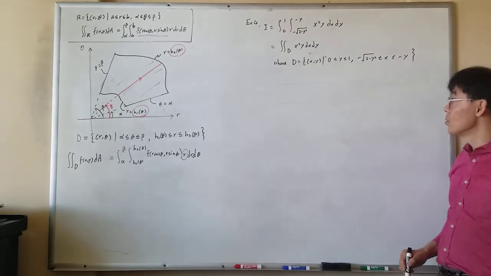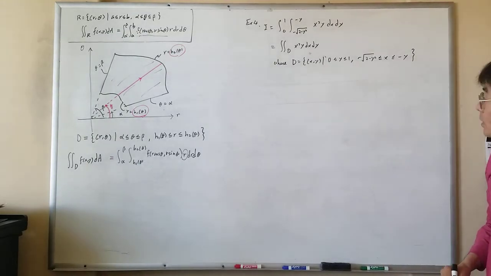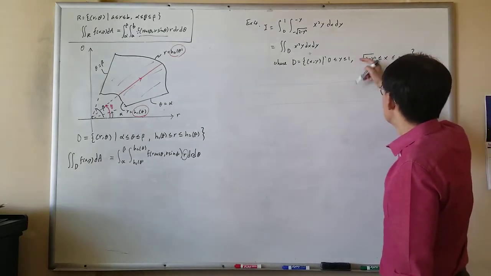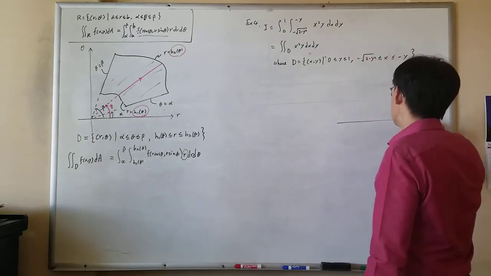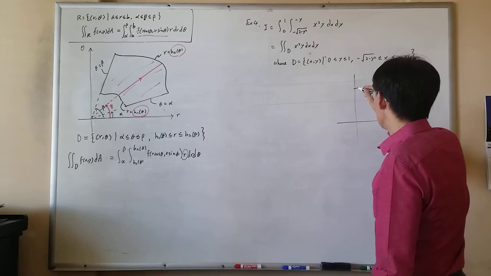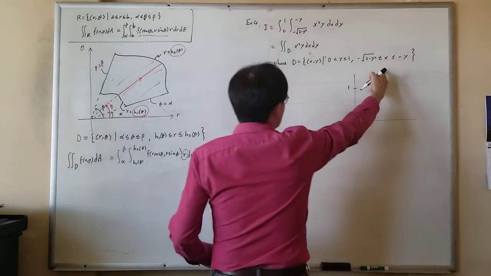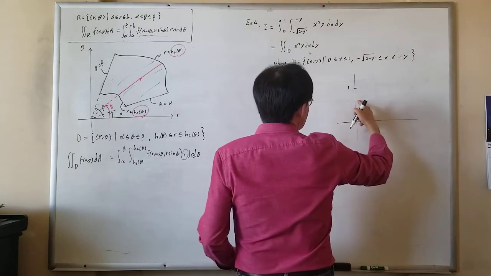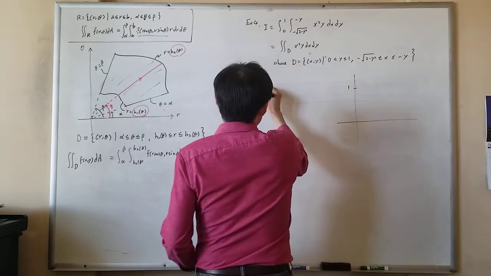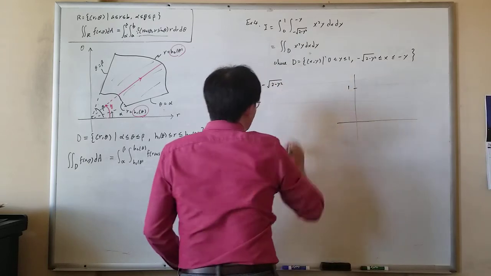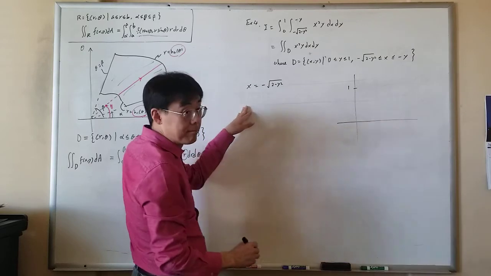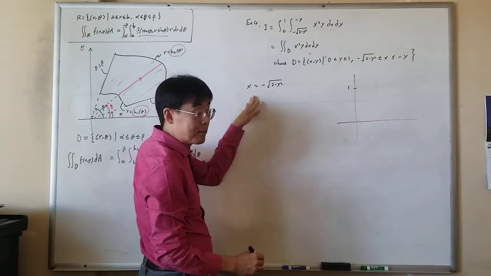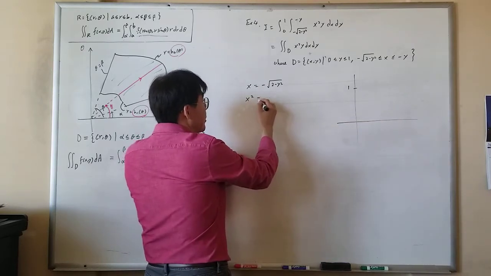And I want to analyze this. So first of all, y from 0 to 1. For given y, x equals minus this. What does it mean? What kind of curve is this? Square both.